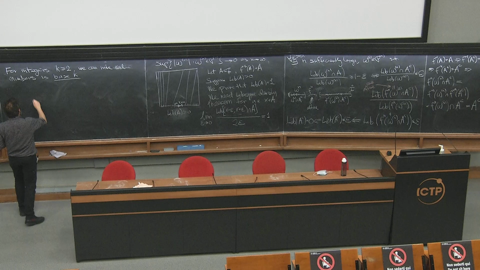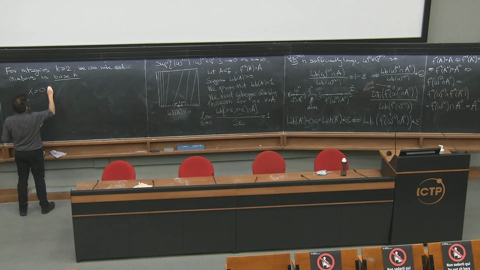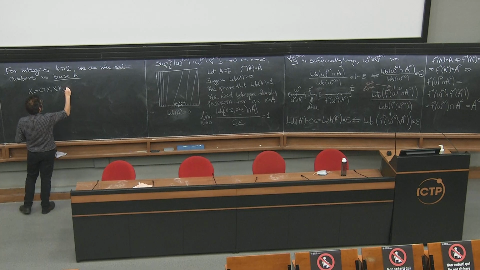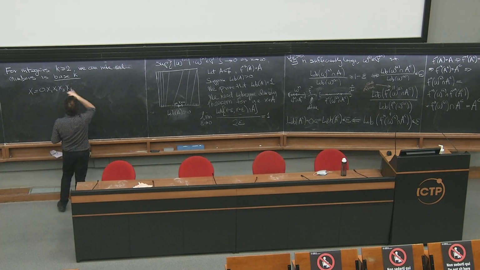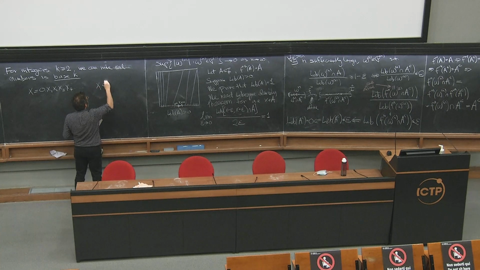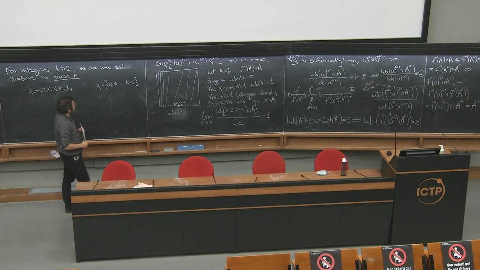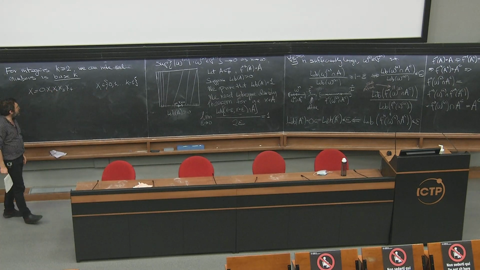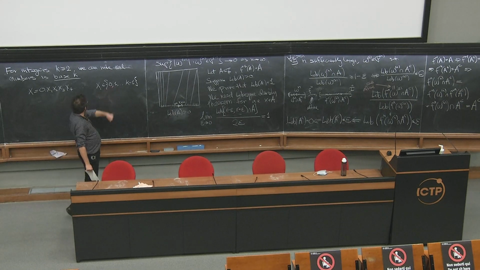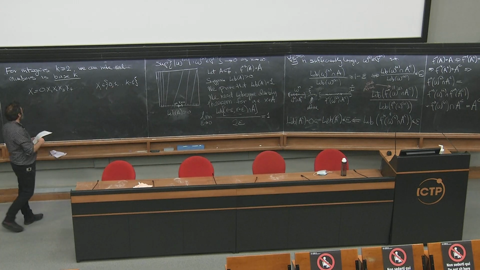So we write x equals 0 point x1 x2 x3 and so on. This is the expansion, where each xi belongs to {0, 1, ..., k minus 1}. So if k is equal to 10, then we have the decimal expansion, and we get all the digits between 0 and 9, all the possible combinations. If k is equal to 2, this is the binary expansion, base 2, just zeros or ones.